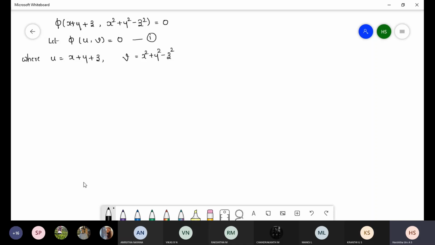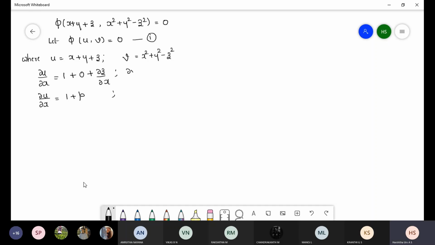Now, differentiating partially with respect to x, dou u by dou x is equal to 1, differentiation of x plus y is 0, plus dou z by dou x. So dou u by dou x is equal to 1 plus p.